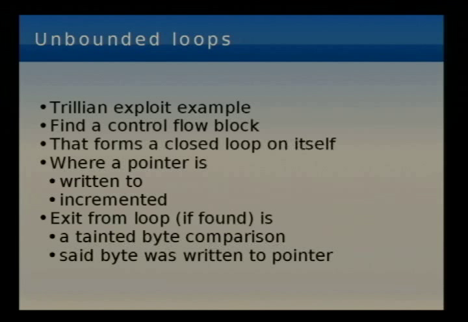And so where a pointer is written to and incremented. Written to and incremented. So we're writing to a thing in this buffer, and we're moving the pointer next. And we're writing something, we're moving the pointer next. And so the exit from the loop, if we can find one, if it is not a while one, for instance, is a tainted byte comparison, and said byte was written to the pointer in question, the buffer in question.